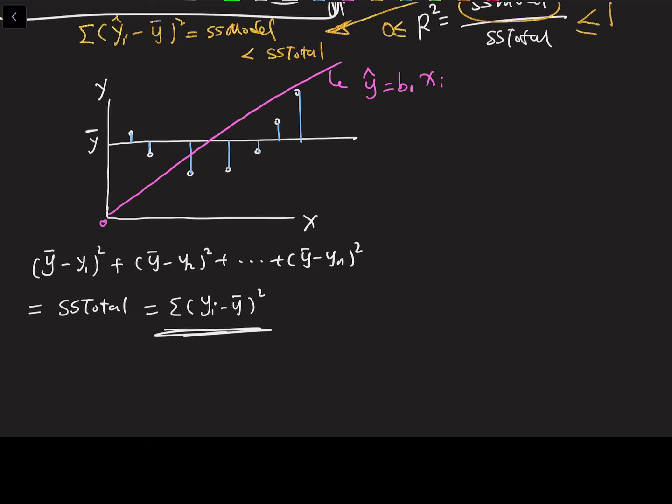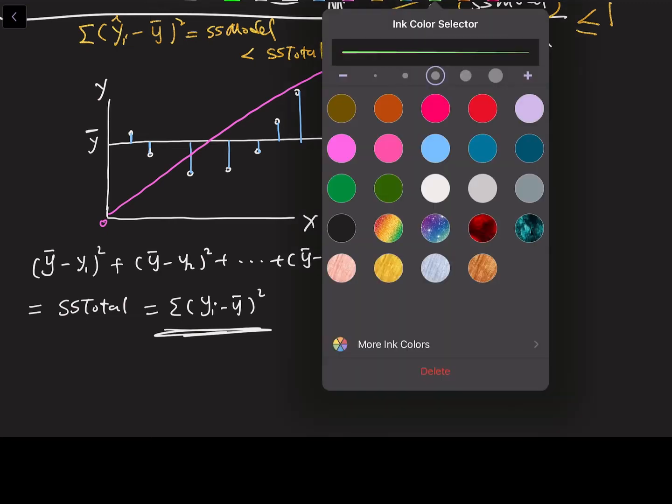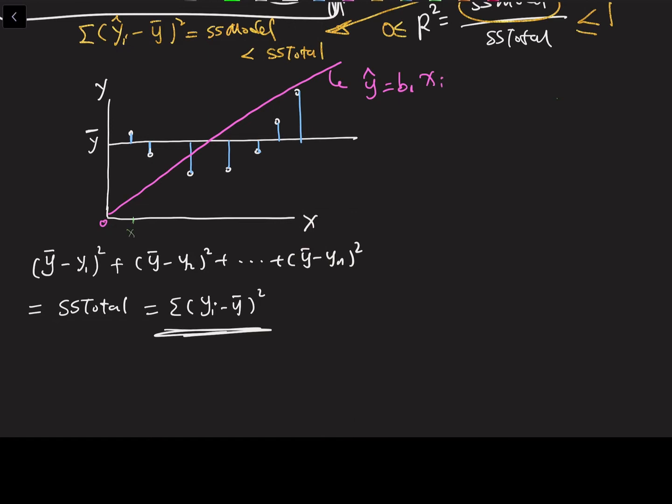When x equals x1, the observed value is this much, but the predicted value is on the line, right? When x equals x2, the observed value is here, but the predicted value is here. So all the predicted values are on the regression line. So now you're using this point on the regression line to estimate the value of y.